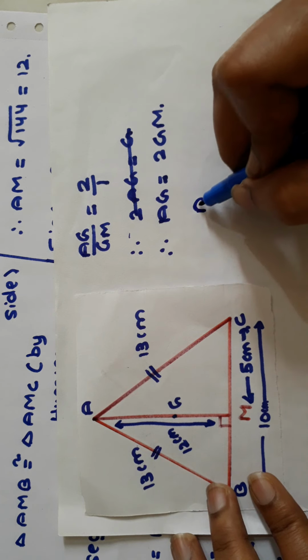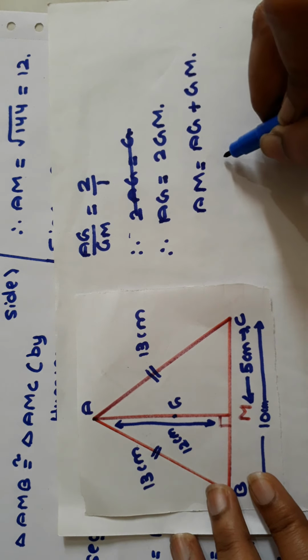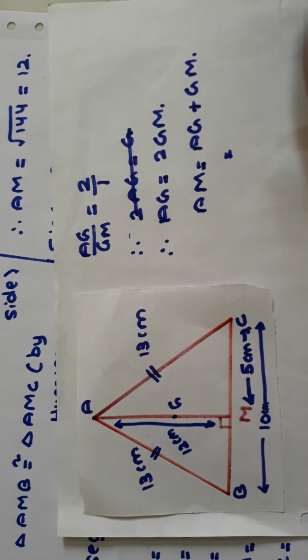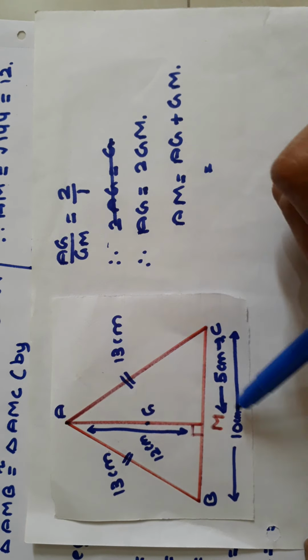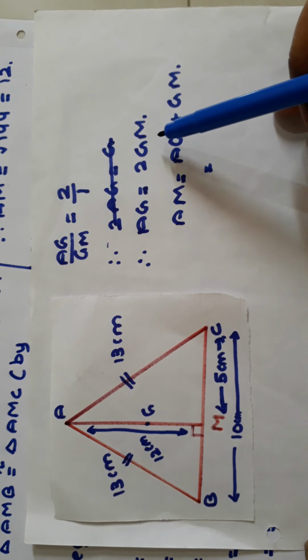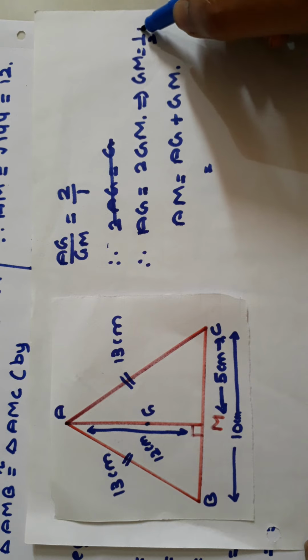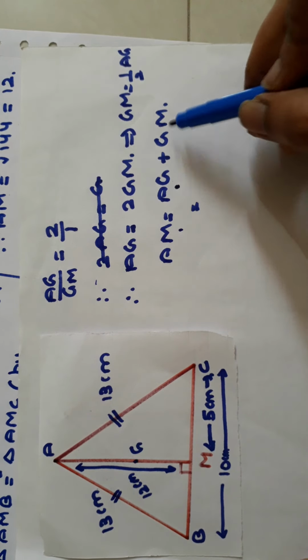Now we know that AM is AG plus GM. The centroid G divides the median in the ratio 2:1. Cross multiply. AG is equal to 2 times GM. So this means GM is half of AG. Now we know that AM is AG plus GM.